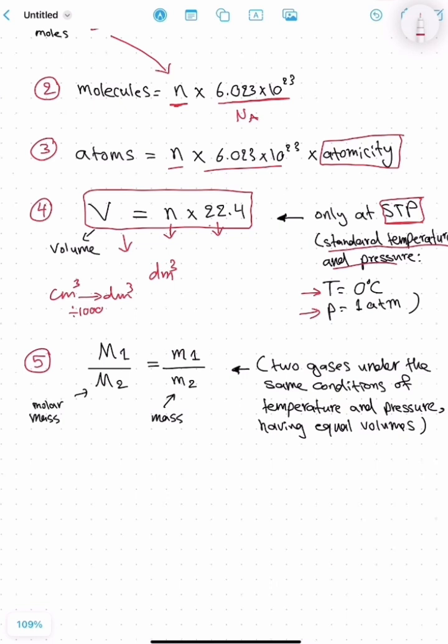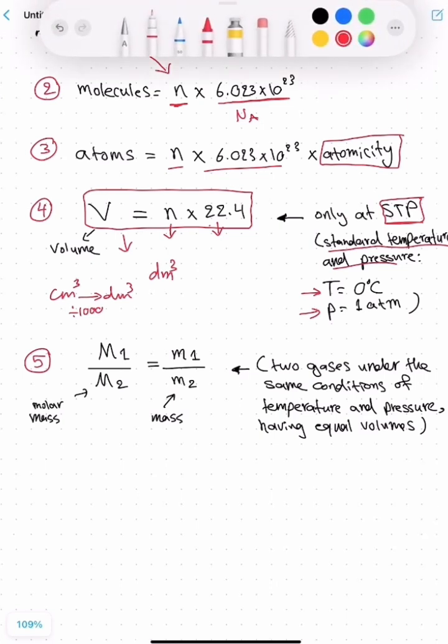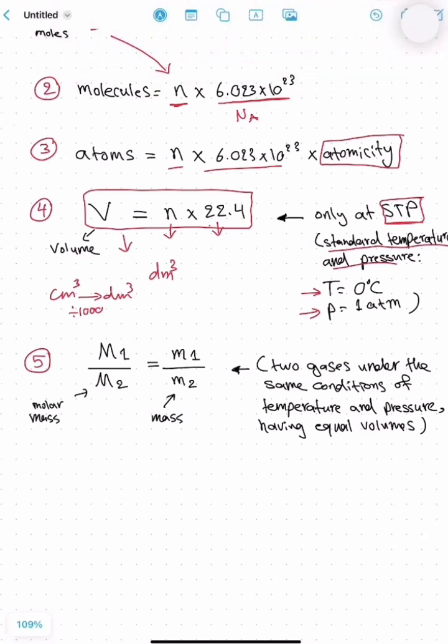The last thing is when the question says we have 2 gases under the same conditions of temperature and pressure, or we just have two gases, we have their masses, and the volume should be equal. What do we do? We say molar mass 1 over molar mass 2 is equal to mass 1 over mass 2. Just write them down.